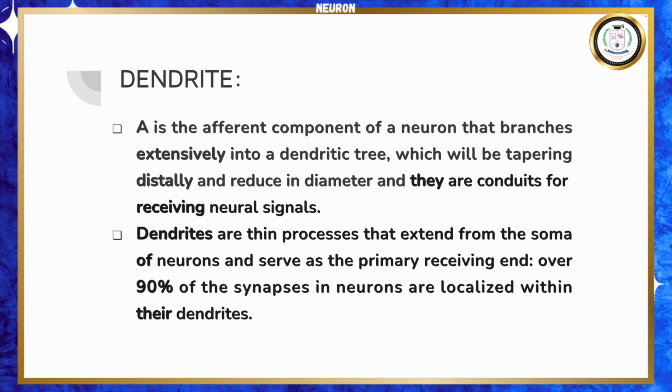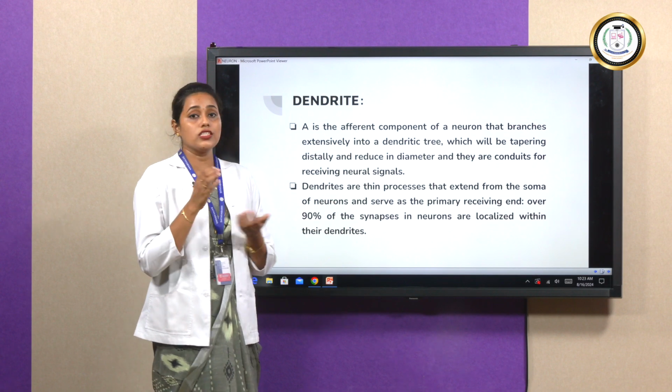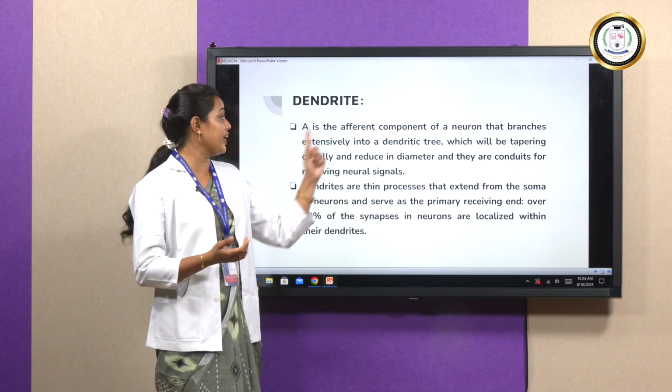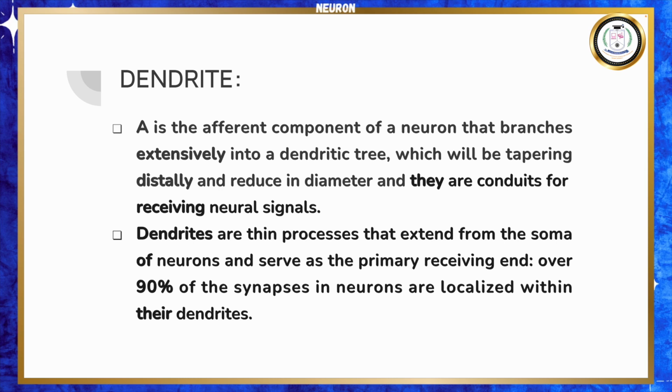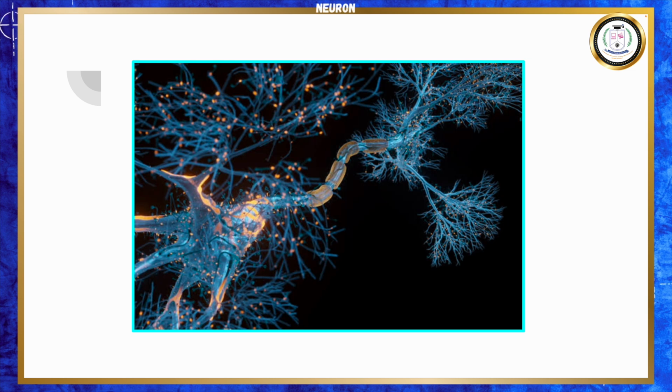The dendrites are very thin processes extending from the soma, which is also known as the cell body, and they serve as the primary receiving end, or primary afferent end, or primary sensory end. Over 90% of synapses in the neurons are located within the dendrite. So, this is the structure of dendrite. Here you can see the dendritic tree which is tapering distally.